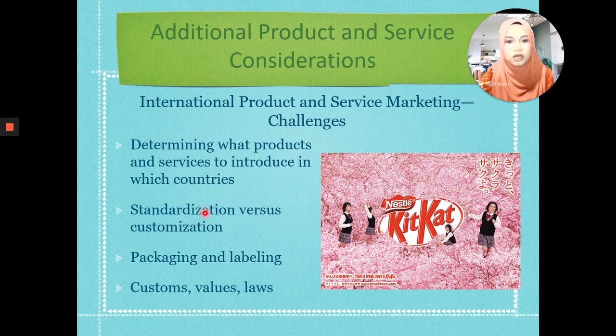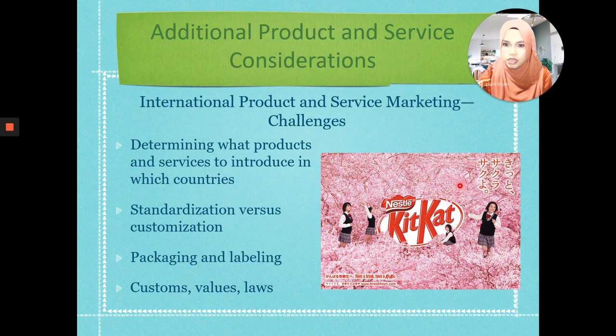Other than that, you need to consider standardization versus customization, especially in terms of packaging, labeling, and especially languages. For example, this Kit Kat. You never see this Kit Kat here in Malaysia because they customize it during Sakura time in Japan.